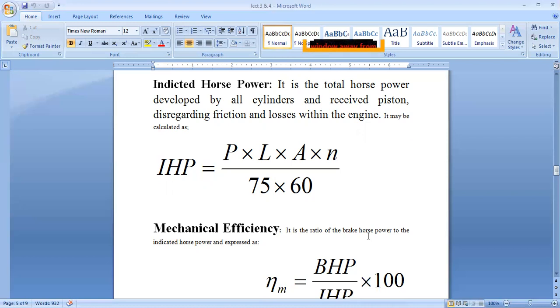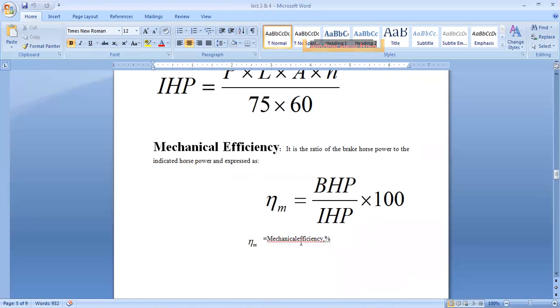Now we come to know another term, mechanical efficiency. Mechanical efficiency is the ratio of brake horsepower to the indicated horsepower. I have denoted this efficiency as lambda M, equal to BHP upon IHP multiplied by 100.